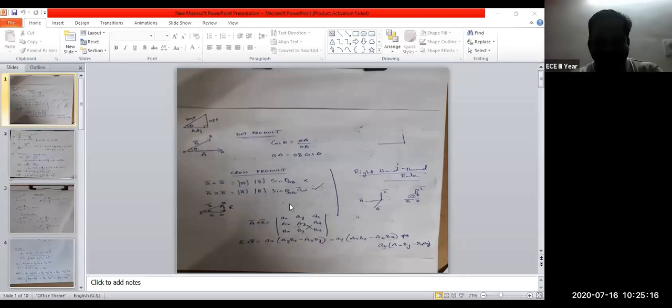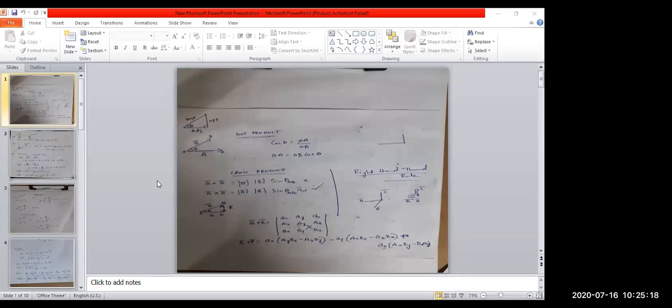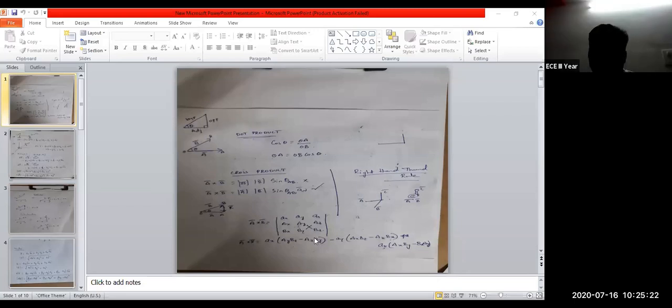Yes, sir. Right. So we can find the cross product by taking two vectors, A bar cross B bar. A bar is AX, AY, AZ in the Cartesian coordinate system, and B bar is BX, BY, BZ.